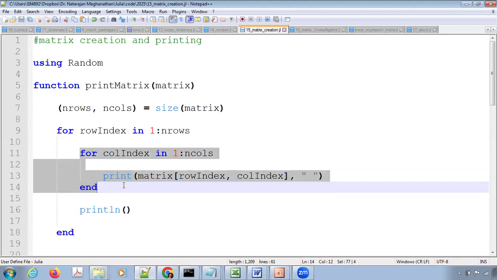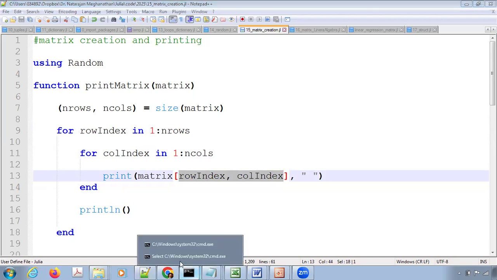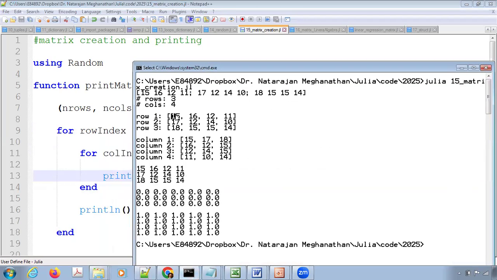So for col index in 1 to n cols, print the individual cell value at that row index and column index, followed by a blank space. This goes to the first row and prints each of these column values separated by a blank space, 15, 16, 12, 11, and that's what is shown here.